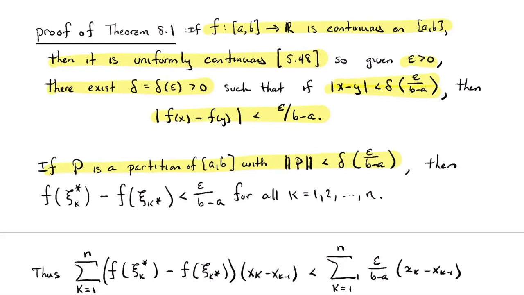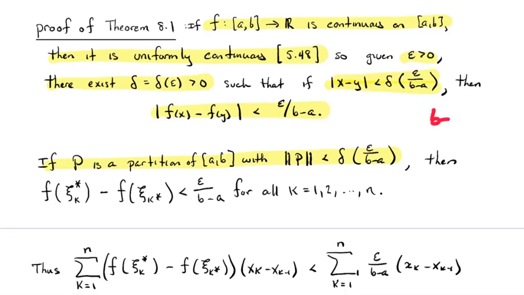And once you decide what this delta of epsilon over b minus a is, just choose the number of points in the partition large enough. Say if you're going to use n points in the partition, just choose n large enough so that b minus a over n is less than this delta. Then you're guaranteed that the maximum width of the subintervals will be less than delta.